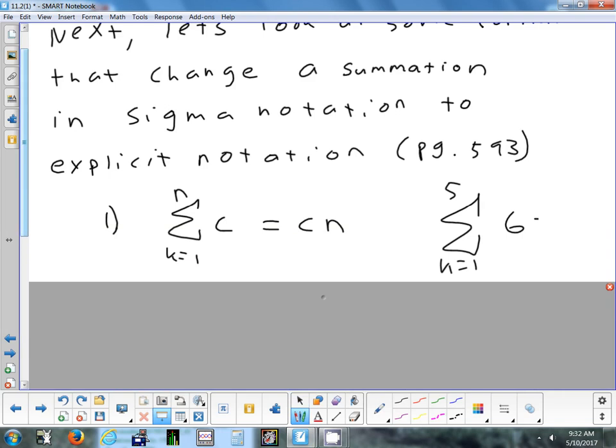So if you did this out, if you plug 1 into what I just circled, what do you get? 6. If you plug in 2, what do you get? Plug in 2 for k in that formula.